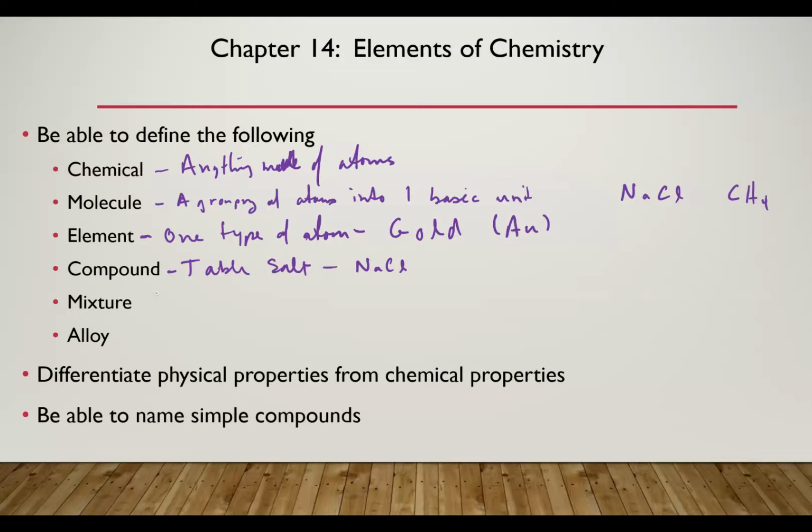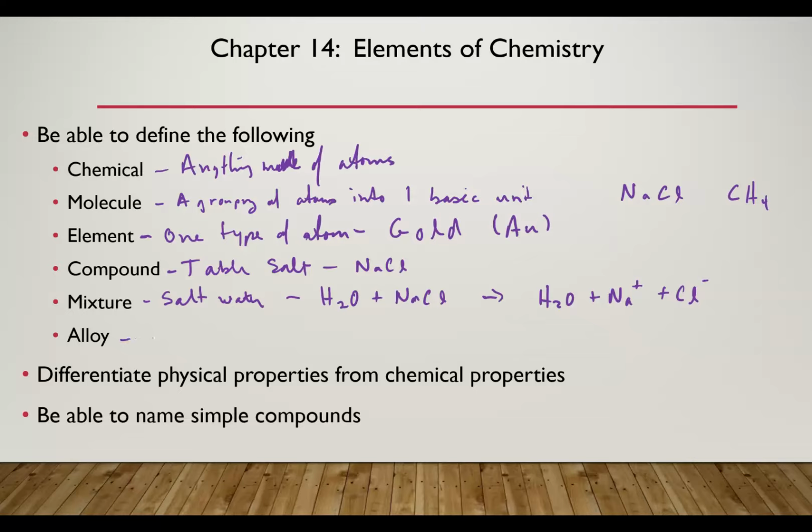A mixture is when you have more than one type of molecule in your substance. So a mixture might be salt water, which is H2O plus NaCl. And as we learned, that becomes H2O plus Na plus Cl minus, which does some other things.